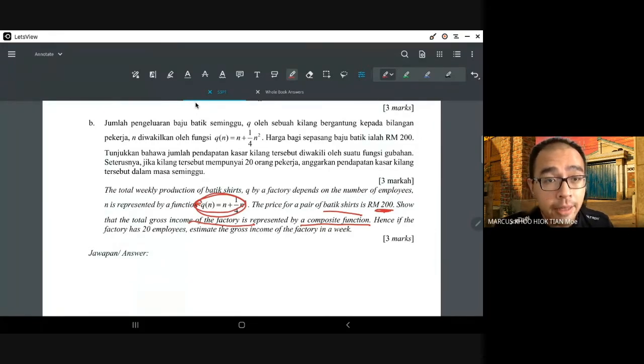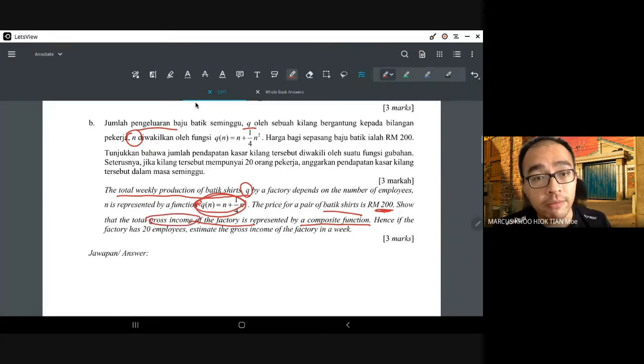So n is bilangan pekerja. Q is jumlah pengeluaran, the total weekly production of batik shirts. So how do you calculate the price or the gross income of the factory lah? You first have to find the price in terms of this Qn.